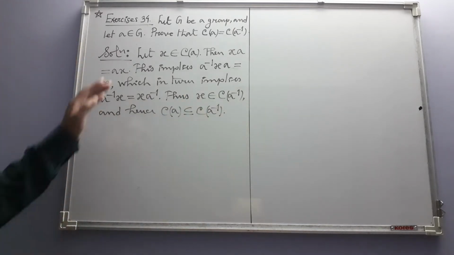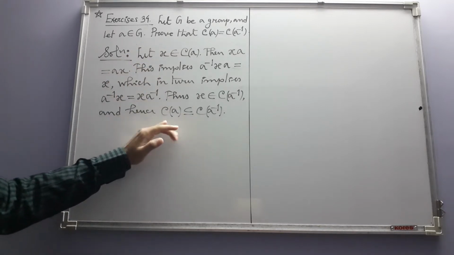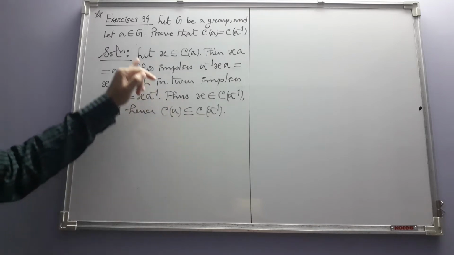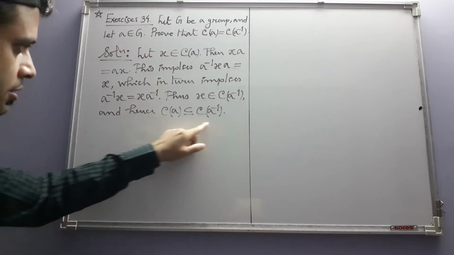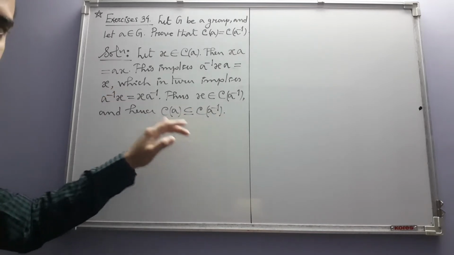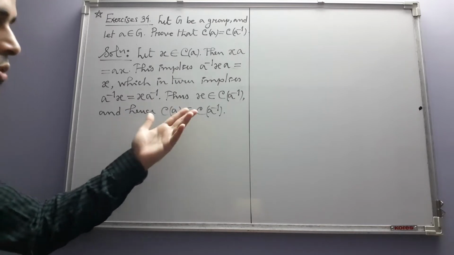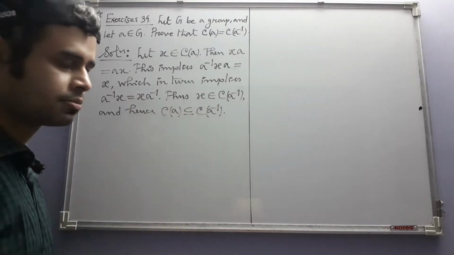Now note that all these arguments are true for A, but A is actually any element in G. So this statement is true for every element A of G. In particular, it is also true for A inverse. In place of A, we can write A inverse.